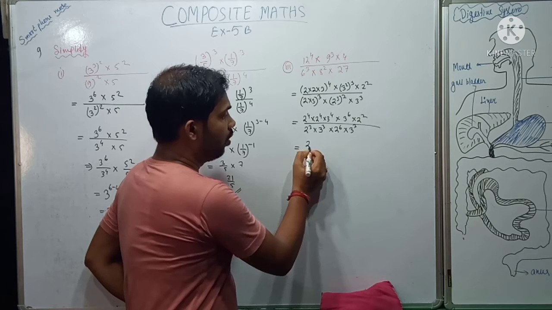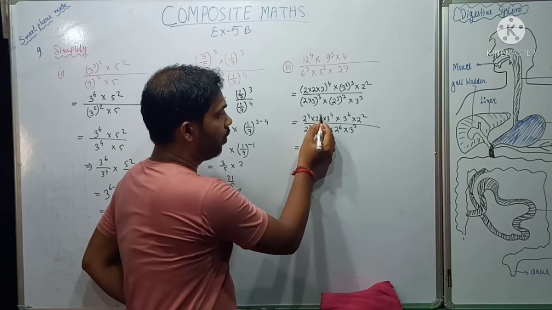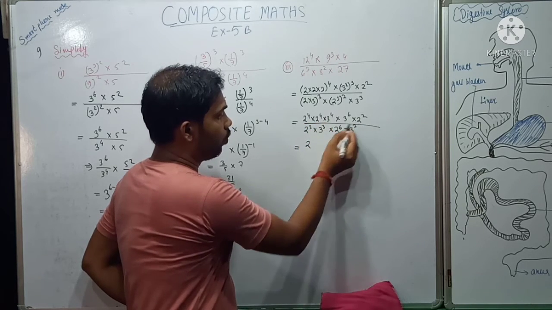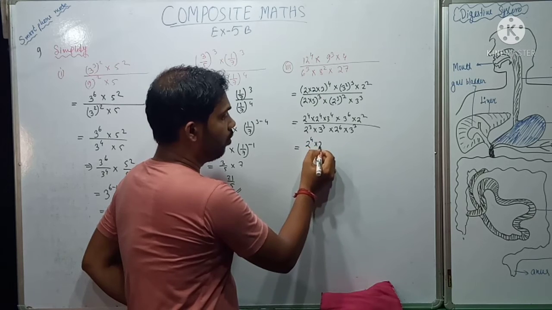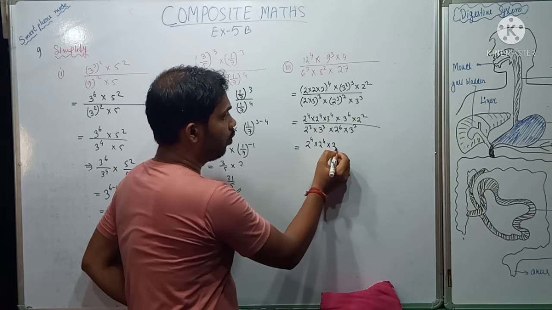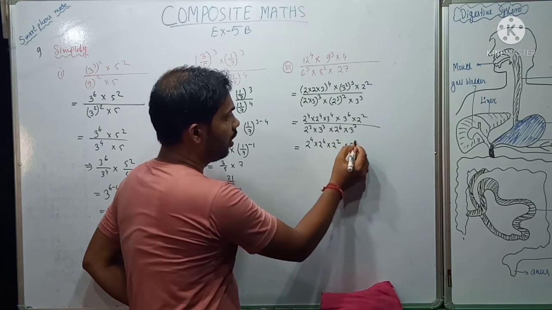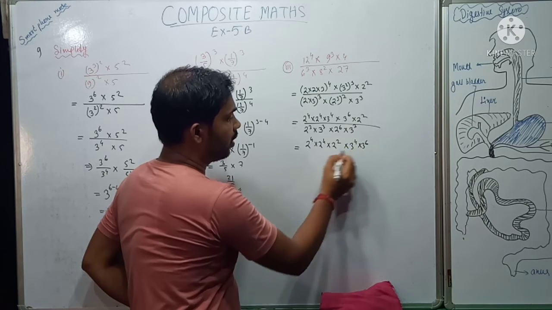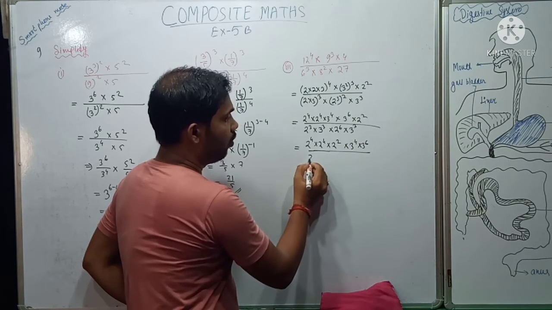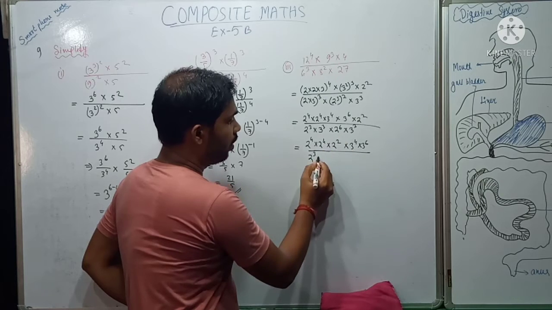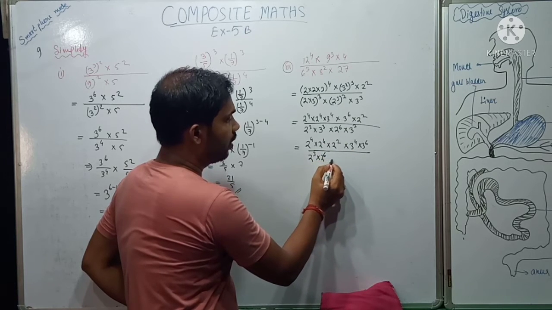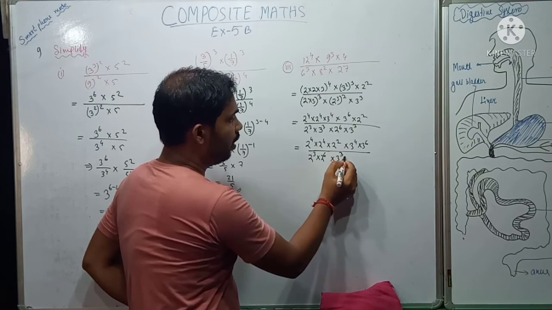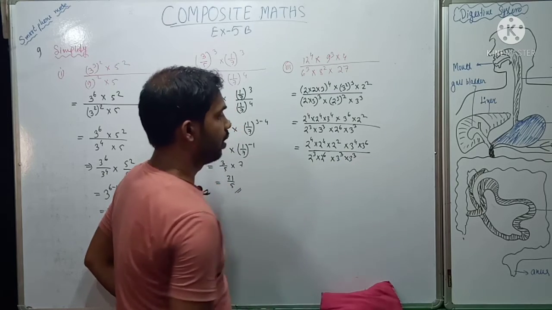So it will be 2 power 4 and 4, and again here 2. So 2 power 4 into 2 power 4 into 2 power 2 into 3 power 4 into 3 power 6, by 2 cube into 2 power 6 into 3 power 3 into 3 power 3.